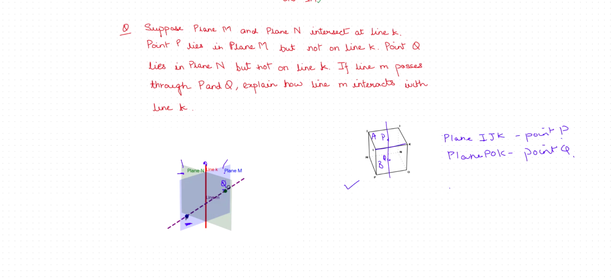We can say these lines are not parallel, they will not intersect, and they are in different planes. So these lines are skew lines. Same as in this question, line K and line M are not parallel, not intersecting, and not in the same plane. So they are skew lines.